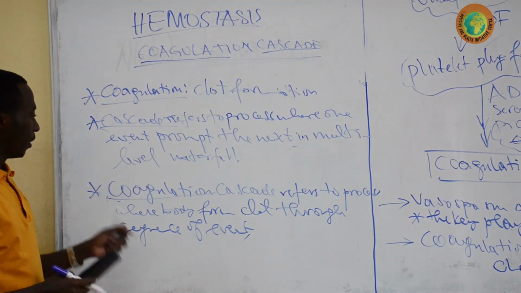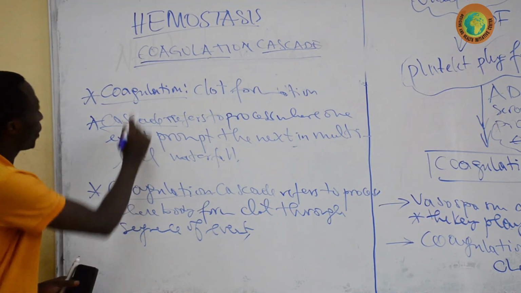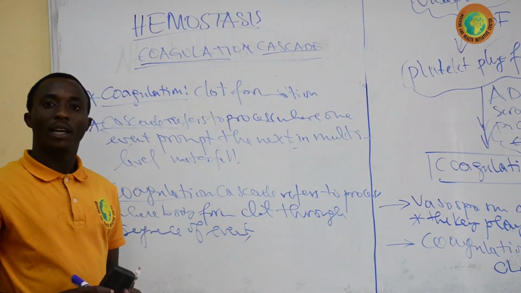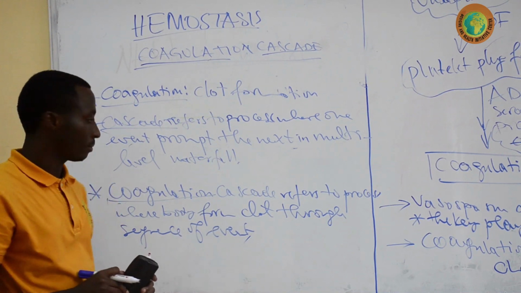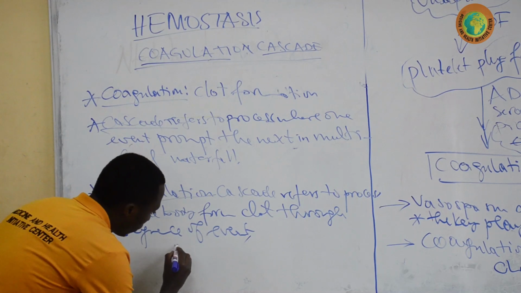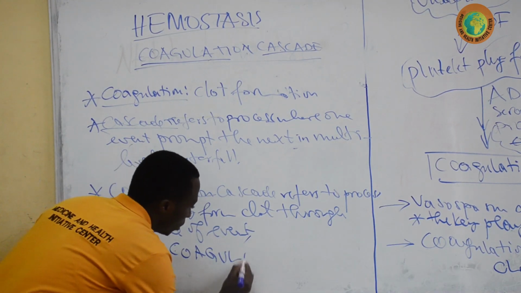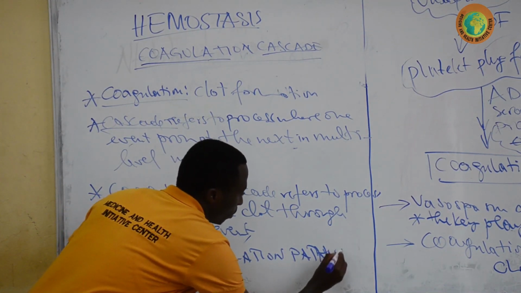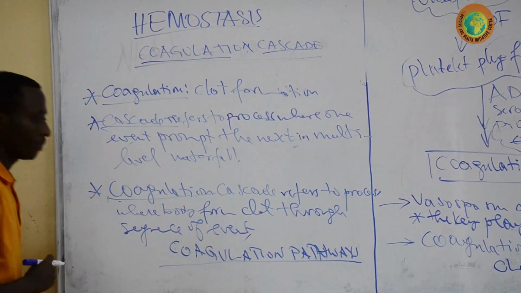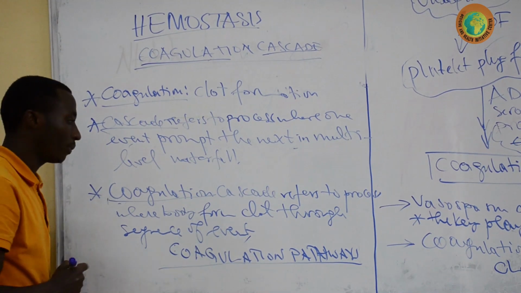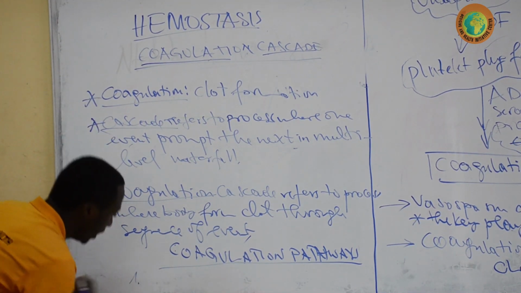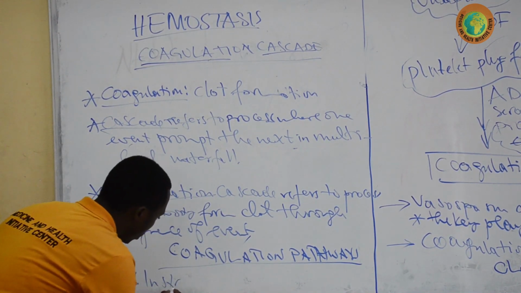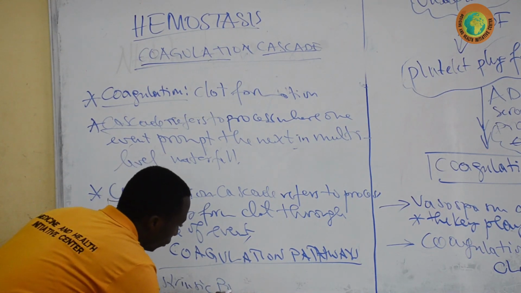That is, friends, in the coagulation cascade we have what we call coagulation pathways. One, we have the intrinsic pathway.